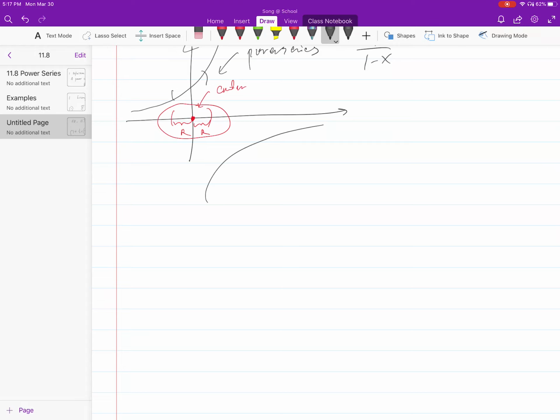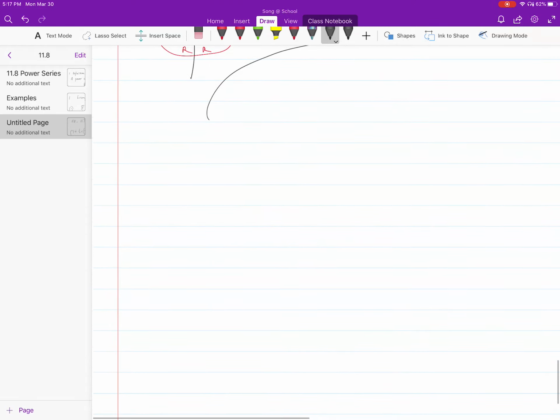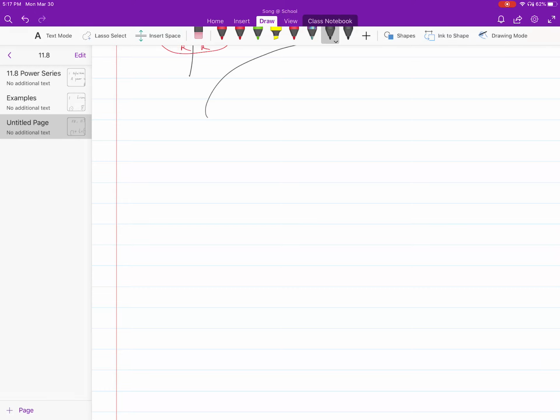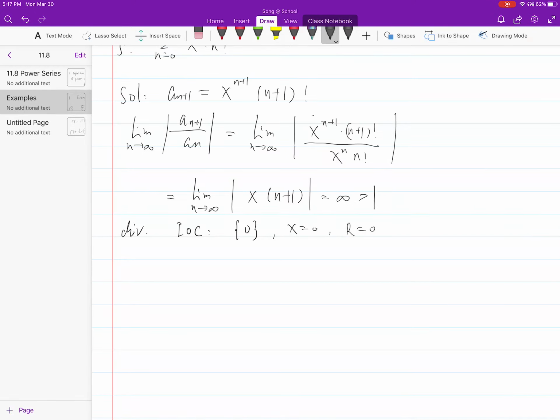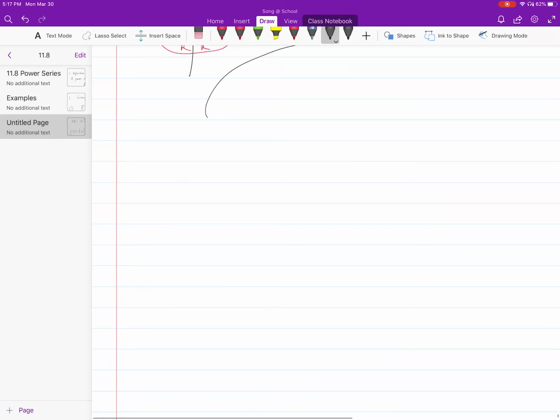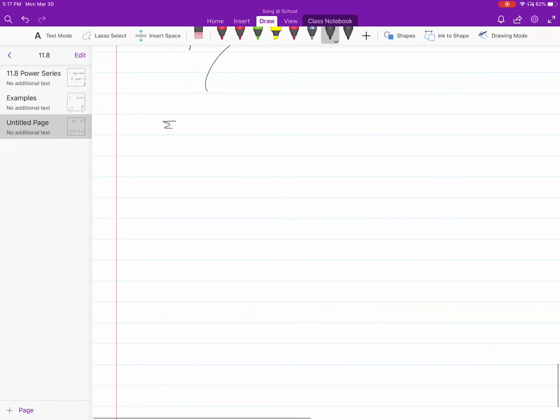Okay, so that's what we have. Now, finally, I want to revisit what we had from the examples and let you take a closer look at all the radii of convergence. I'm just going to write it down. Let's do the first one. You can check it. I just copied it from the examples we did.